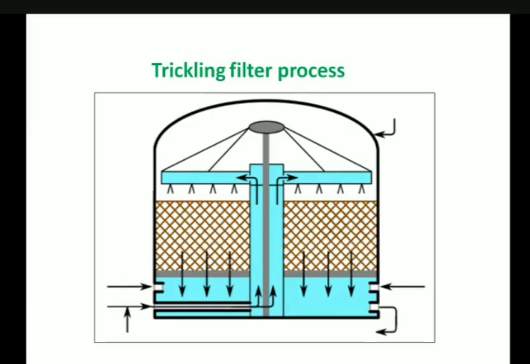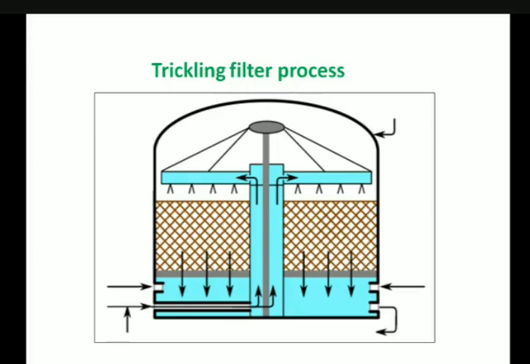You can see a circular tank filled with coarse or crushed rock, and sewage is sprayed by slowly rotating arms above it. When the sewage passes through the crushed rocks, it slowly percolates downwards.